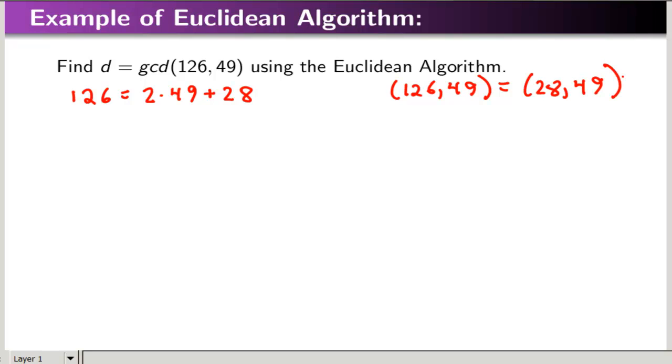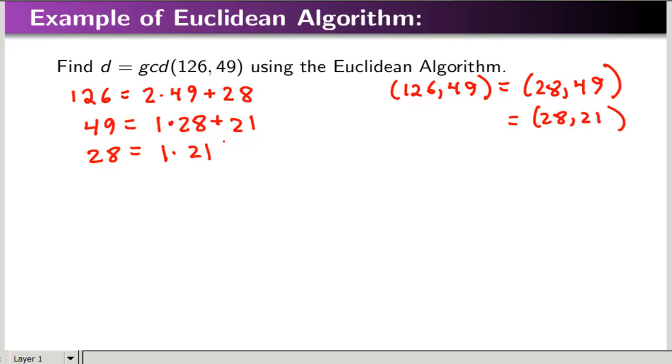Now 49 is the bigger of the two numbers, so I divide 49 by 28. It goes into there one time with a remainder of 21. 28 is now the larger number. 21 goes into that one time with a remainder of 7. 21 is the big number, and 7 goes into it 3 times with a 0 remainder.